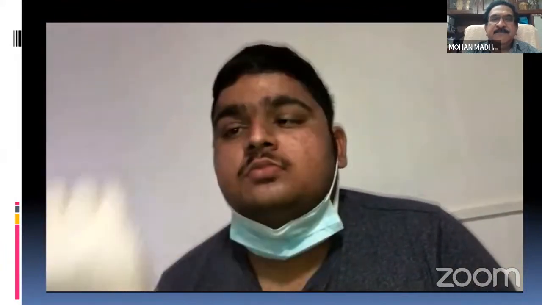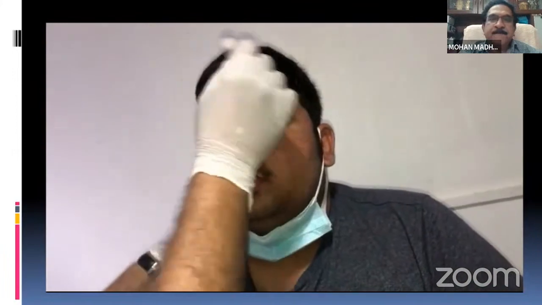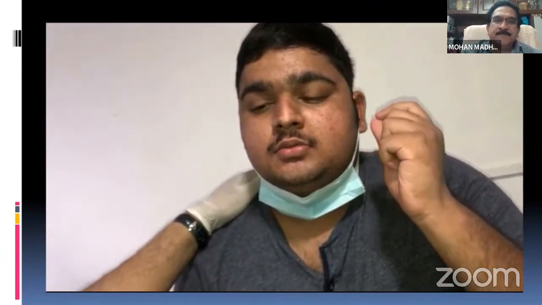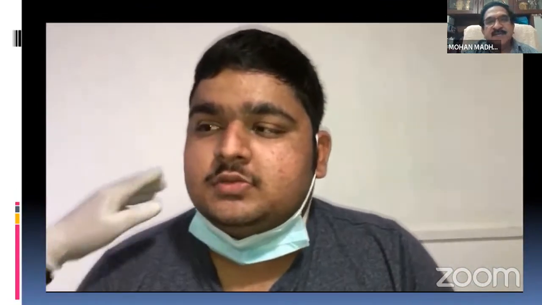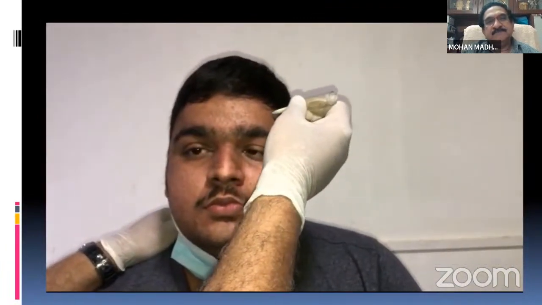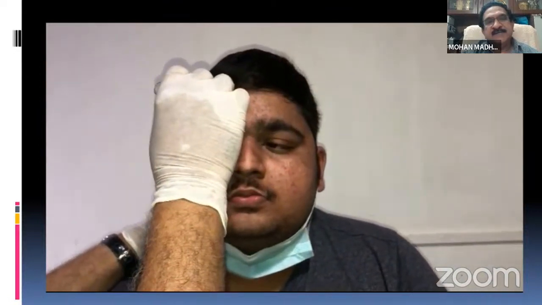The patient senses impaired pain on the left side of the body. It's sharp on the right side, dull on the left side. No, your telling is correct.